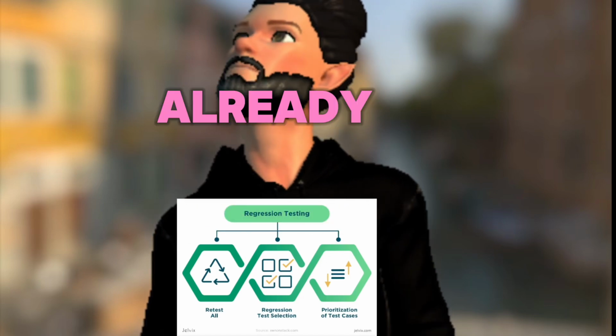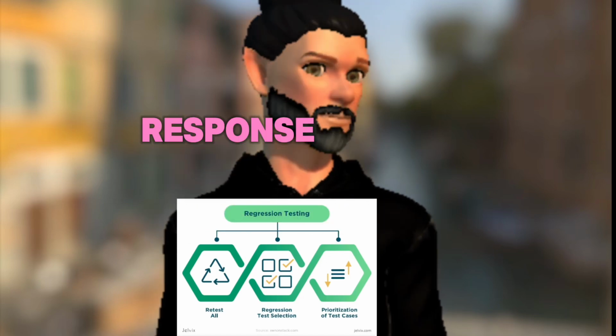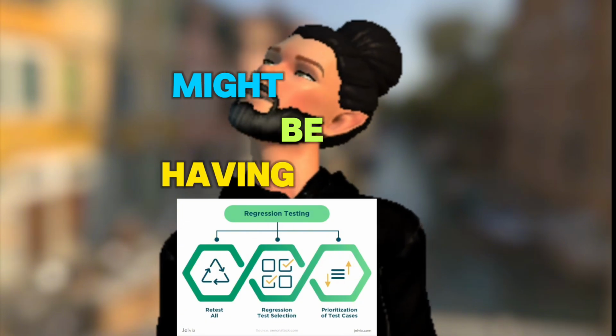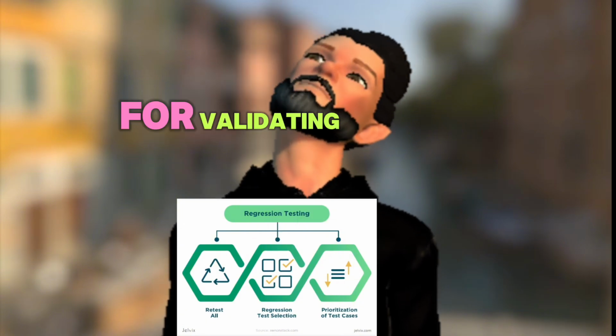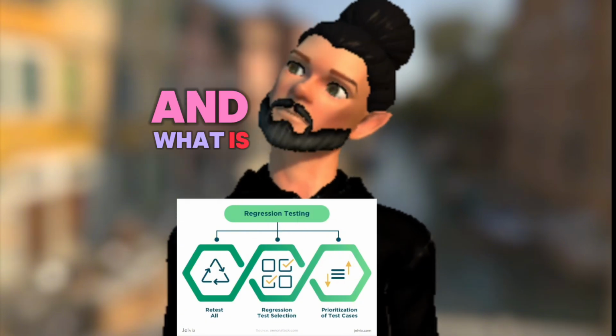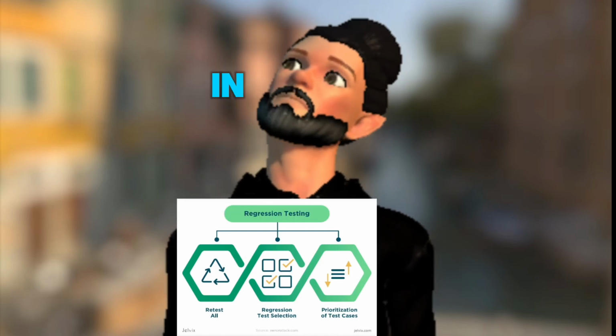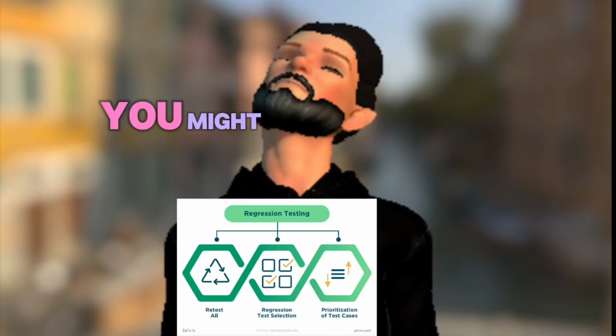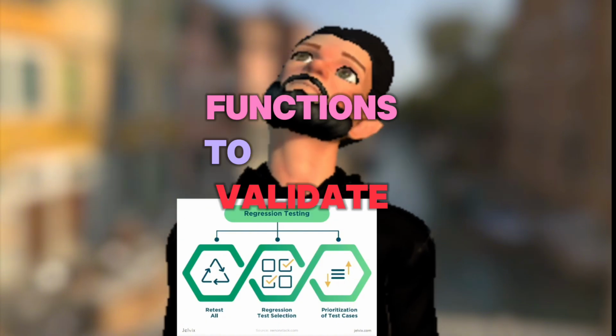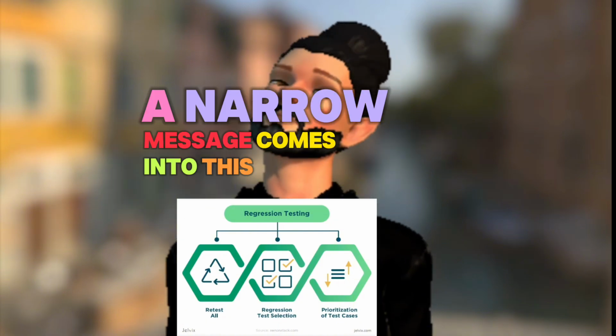So you might already have functions for validating the response codes and what the response payload looks like. In a web page situation, you might already have functions to validate that an error message comes up on the login page.